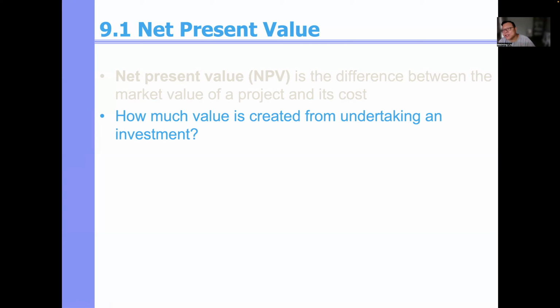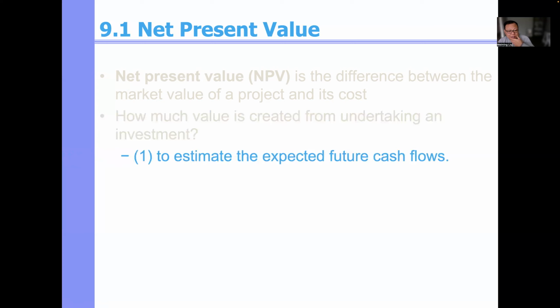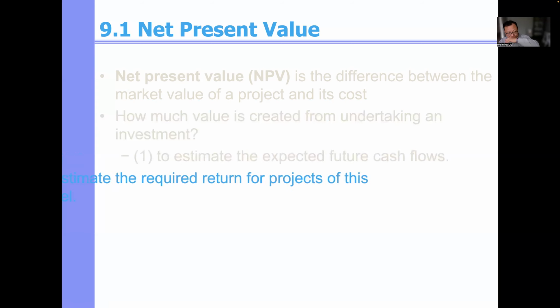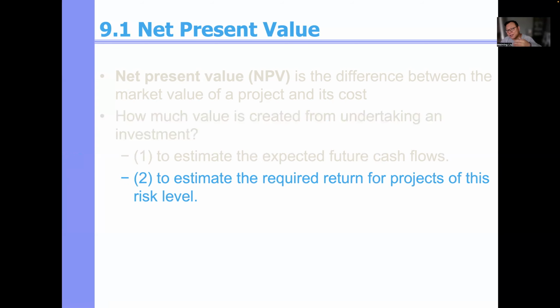The value creation, right? First, you have to estimate what the future cash flows are. Before the project is undertaken, you don't know the real numbers. You can only make estimation. Second, you want to estimate the required return. That's your discount rate.